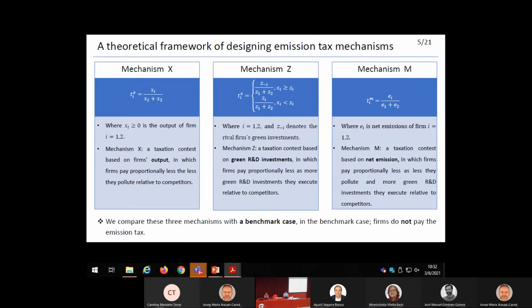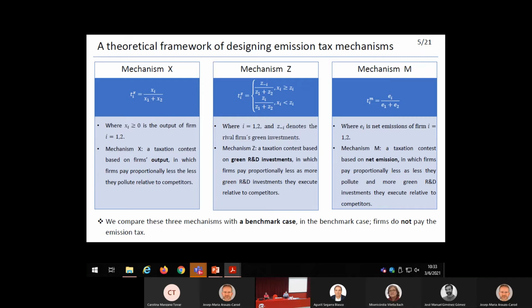The third one we call mechanism M. It is a taxation contest based on firms' net emissions, and it favors less net emission. It means the higher a firm's net emission, the more emission tax the firm needs to pay.